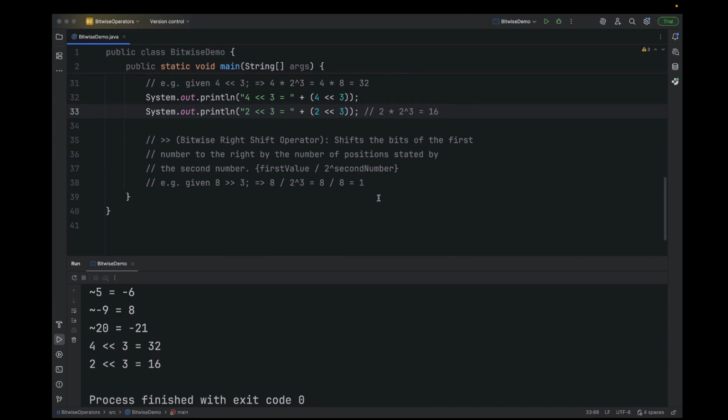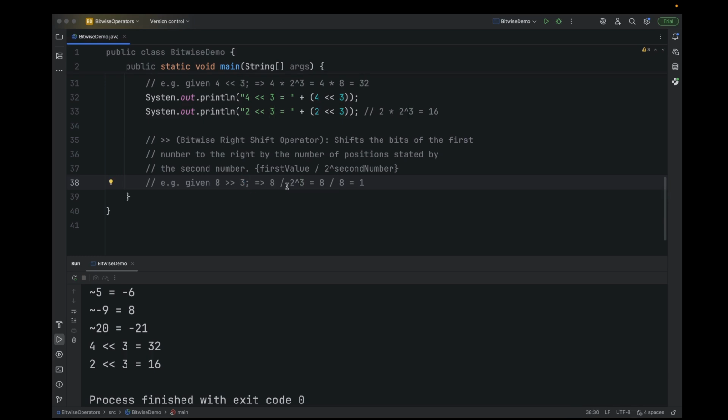So now the bitwise right shift operator. It shifts the bits of the first number to the right by the number of positions stated by the second number. So it shifts 8, for example, to the right by 3 positions, right?